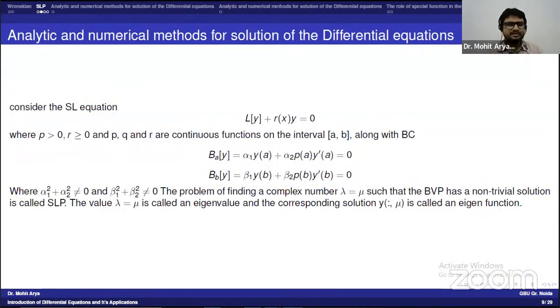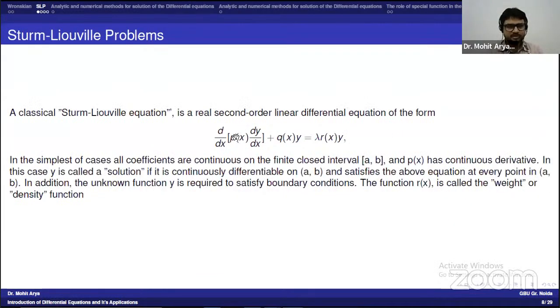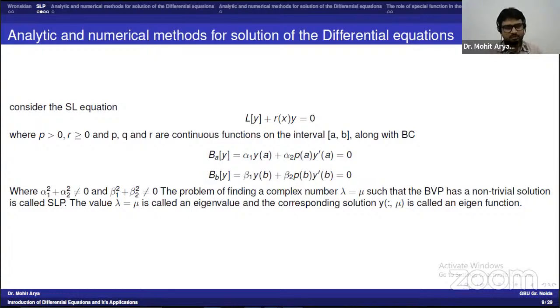So here we consider a Sturm-Liouville equation, that is Ly plus r(x)y equals 0, where p is positive and r is positive, and p, q and r are continuous functions on the interval [a, b], along with given boundary conditions, BC. Here we consider two conditions.